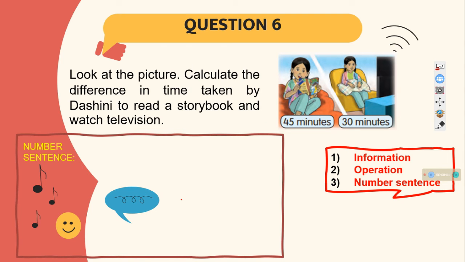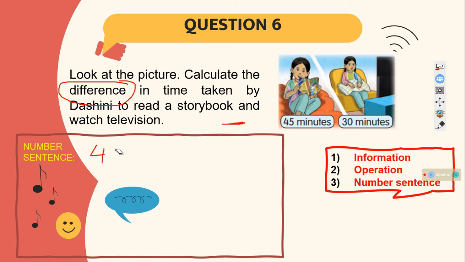And the last one is question 6. This one is quite easy because it is a direct question. Look at the picture. Calculate the difference in time taken by Dashini to read a storybook and watch television. Dashini took 45 minutes to read a storybook and 30 minutes to watch television. The question wants to find the difference. So we must use subtract.